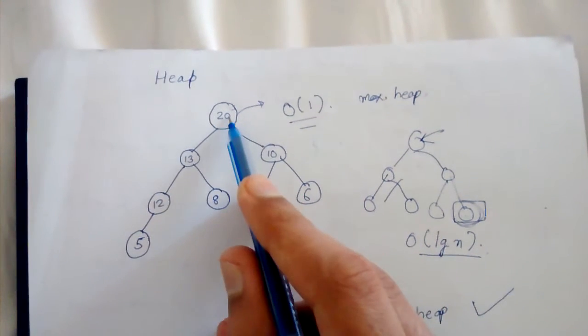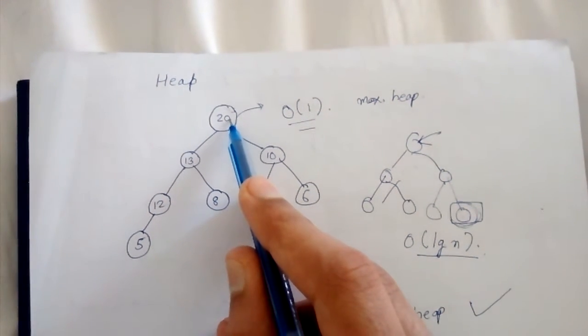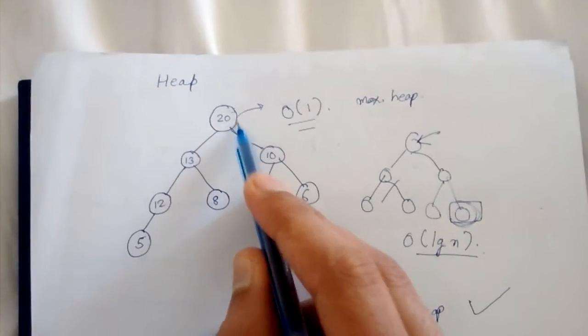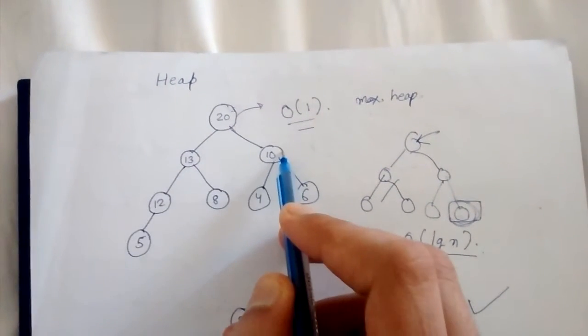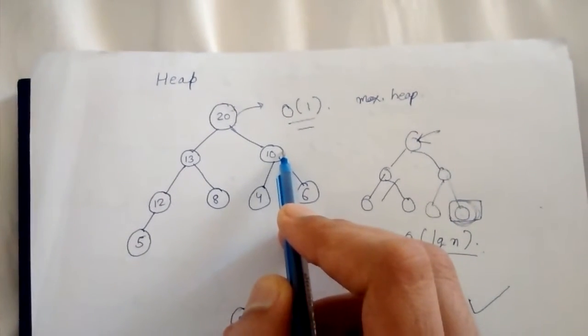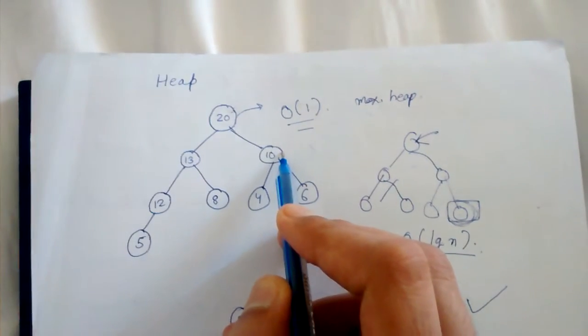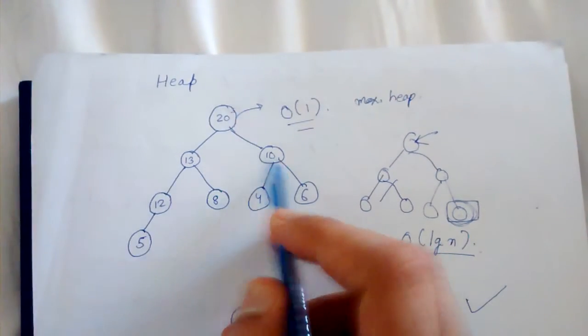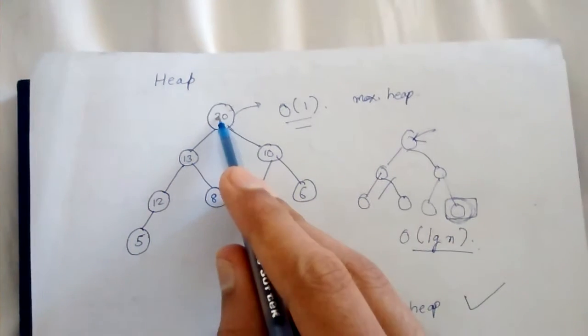So for maximum heap, what are the constraints while storing data? Any element has two children at max, and both of them must be smaller than the element itself.